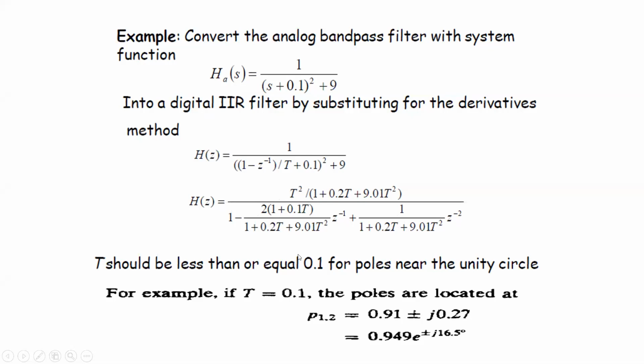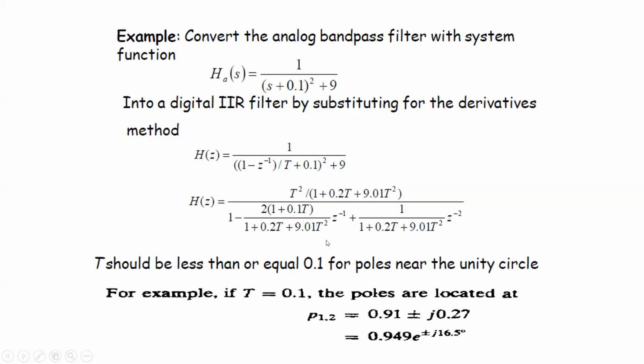And choosing a value of T equal to 0.1, by adjusting the value, T should be less than or equal to 0.1 for poles to be near the unit circle. Then if we choose T equal to 0.1, we will get the poles.